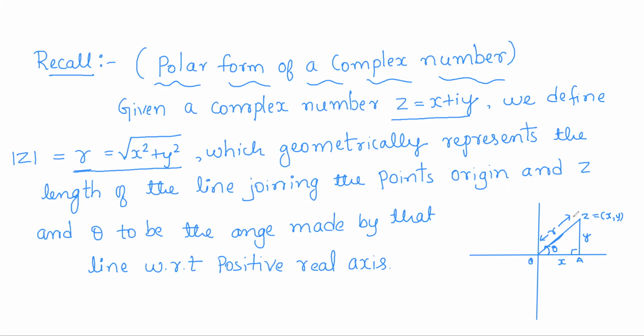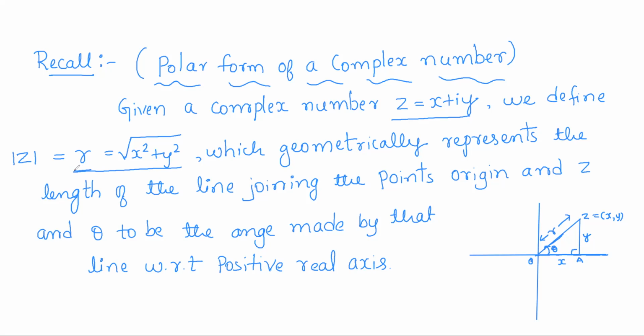So it is taken as r, and the angle made by this line joining the origin and z with respect to the positive x-axis is taken as theta, right? So r is the length of the line joining the origin and z, and theta is the angle made by that line with respect to the positive real axis.